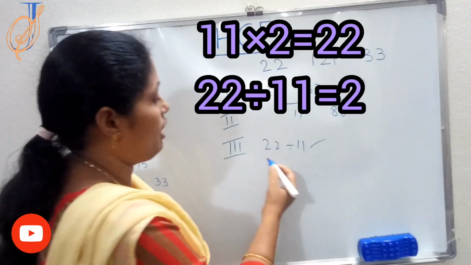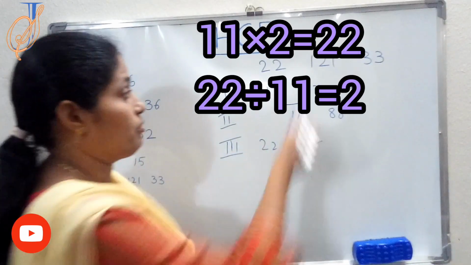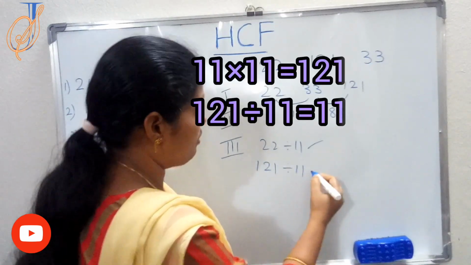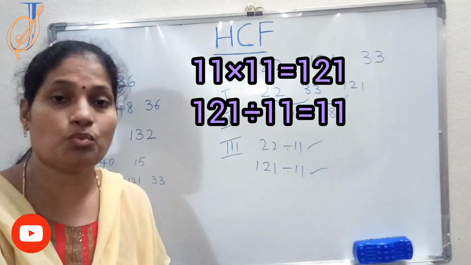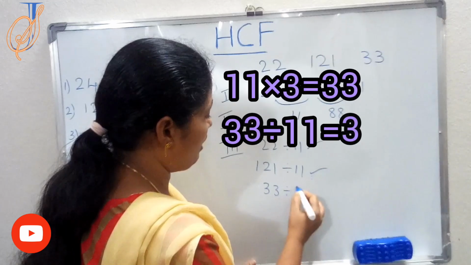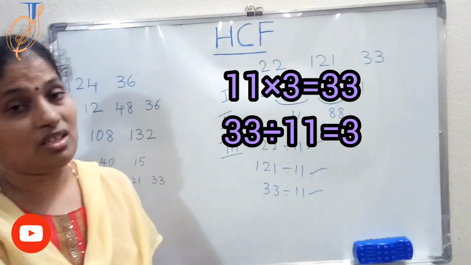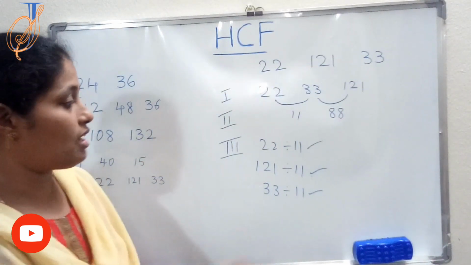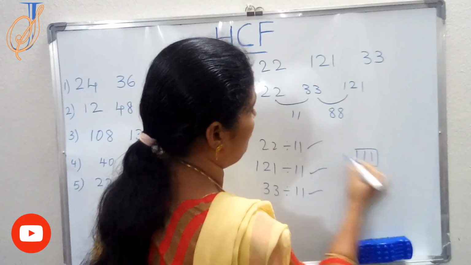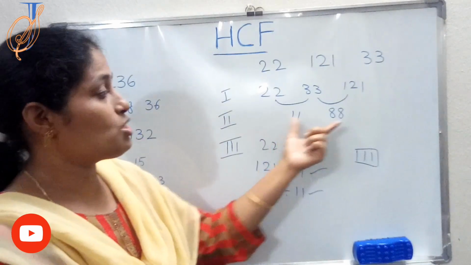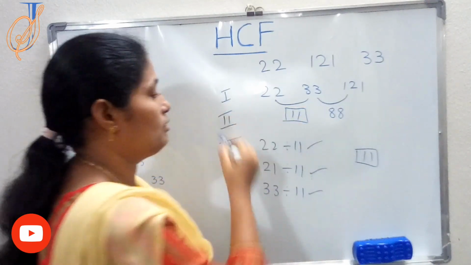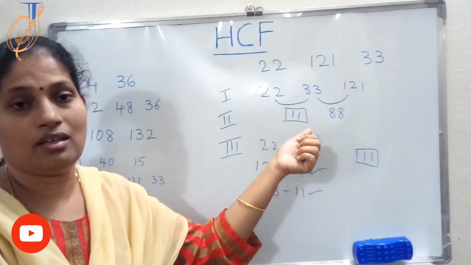Yes. 11 times 2 is 22. Is 121 divisible by 11? Yes. 11 times 11 is 121. Is 33 divisible by 11? Yes. 11 times 3 is 33. So in this case, our HCF is 11. So in these two, we have to take the least number, which is 11.